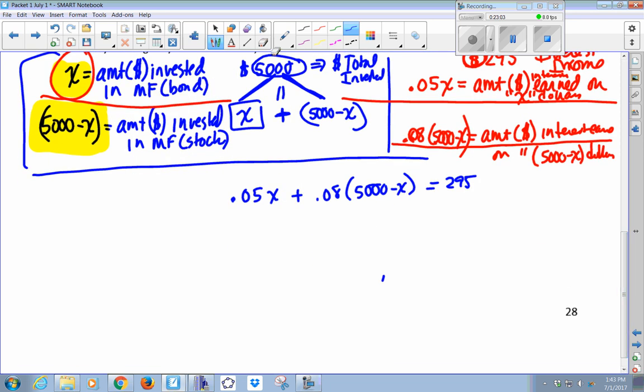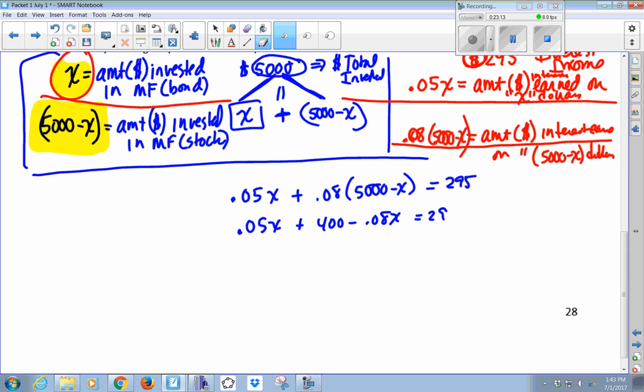You just use your distributive property on this second term here, and you get 400 minus 0.08x equals 295. You combine like terms here, you get 400 minus 0.03x equals 295.